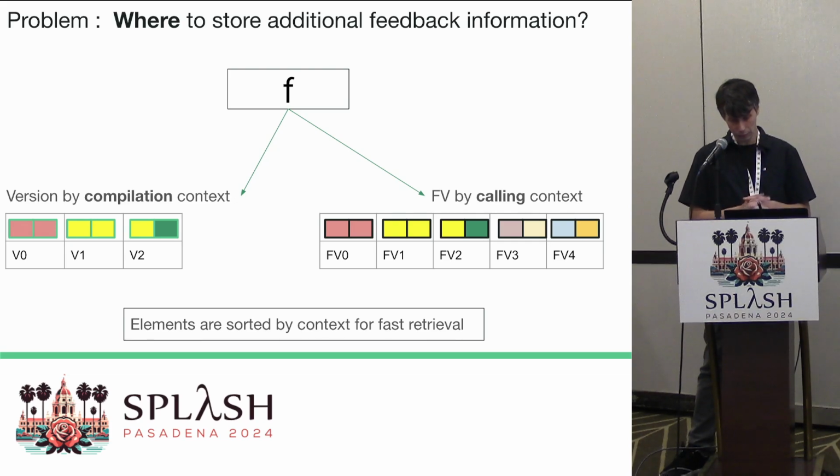And notice that these tables can grow independently, so the sizes don't need to match, but it's more likely that the calling context table will be bigger than the compilation context one. So we will call it from more places than we compiled for.